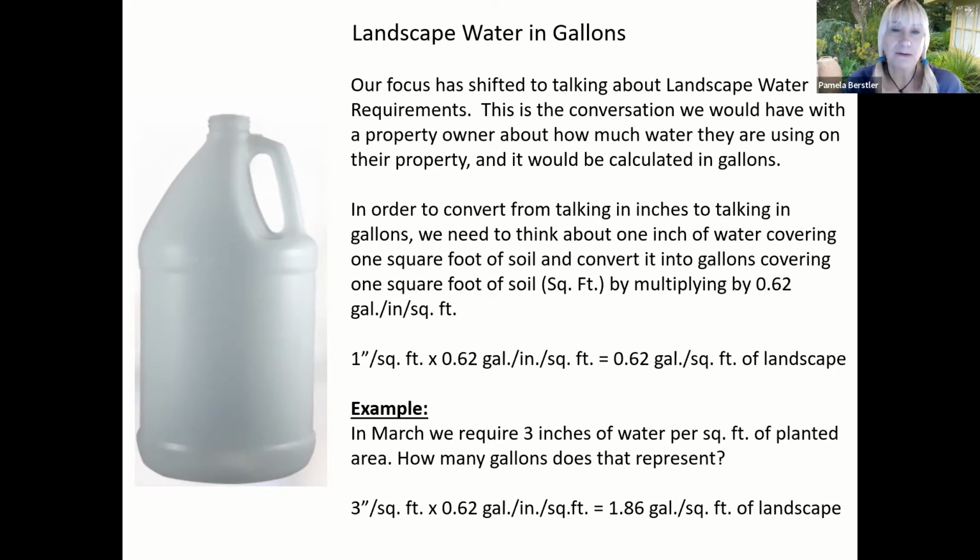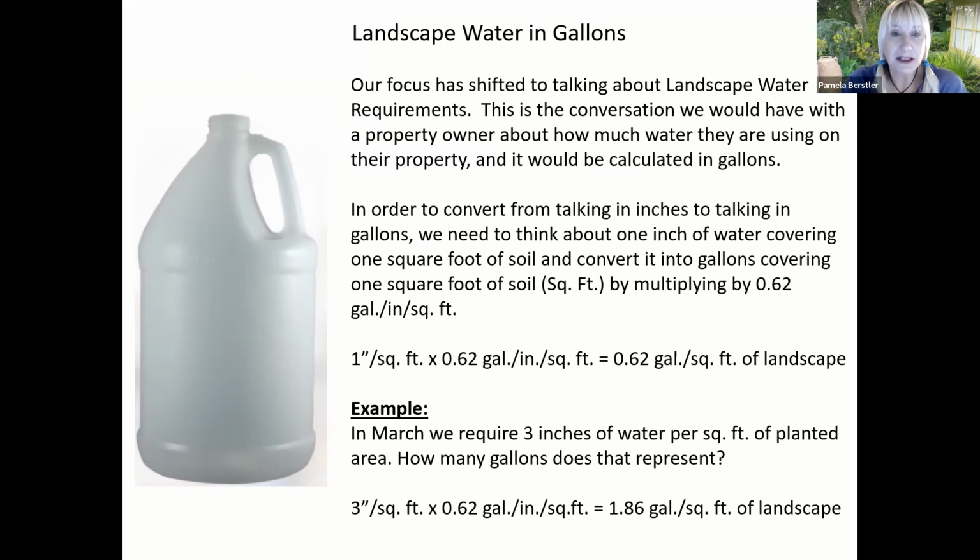It's only really if we're talking about precipitation specifically or irrigation applied that we end up talking in inches, and then it's going over most people's head. So most of the time, we're going to be talking about water use in landscapes in gallons. And that means that we have to convert our data that is in inches into gallons.